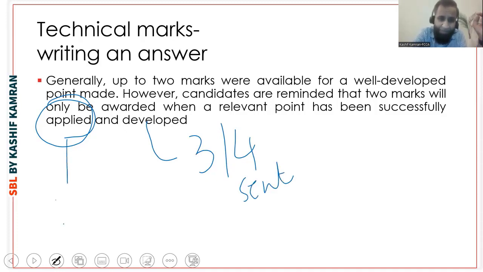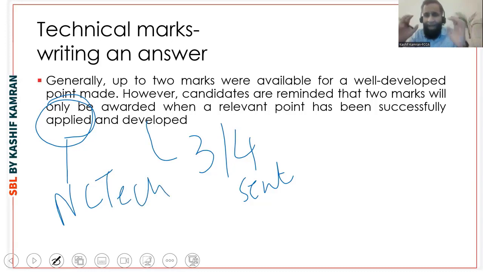Applied means NC Tech, the example we are taking. Have I given you a list in the preceding slide about applied and developed? Will you follow that list? Applied versus the requirement, applied versus the organization, and developed sufficiently, 3 to 4 sentences. So will you all aim at a well-developed point?